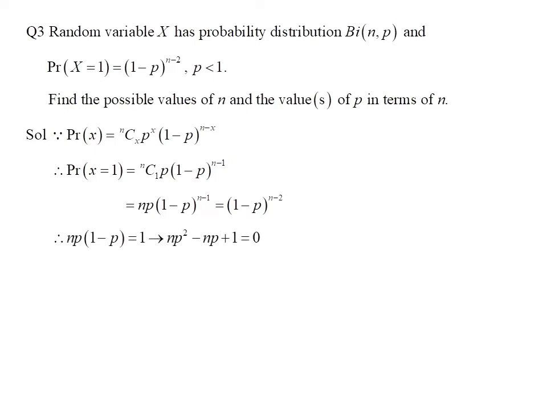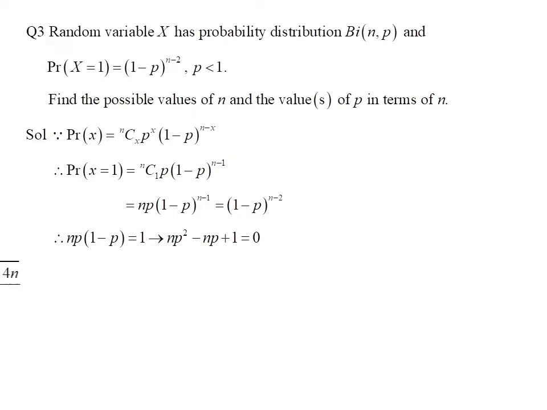After the equation is rearranged, it becomes a trinomial quadratic equation with n as its parameter. So the quadratic formula can be applied here to express p in terms of n, as shown on the screen.